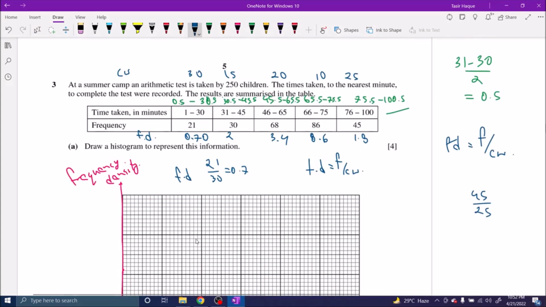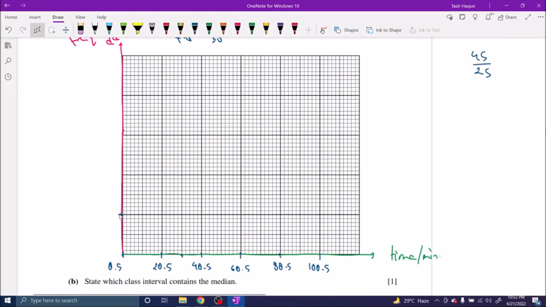And what about the frequency density? We need a value till 10, right? Since there's 8.6, we need a value till 10. So 2, 4, 6, 8, 10. This looks good. So 0.5 to 30.5, it is going to be 0.7. It's going to go here.